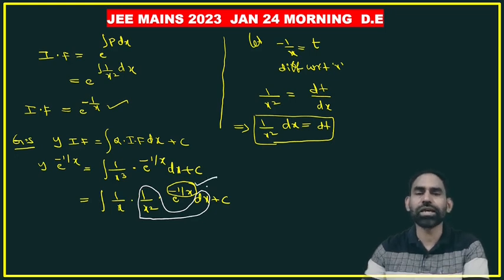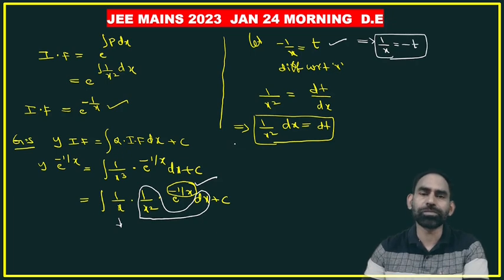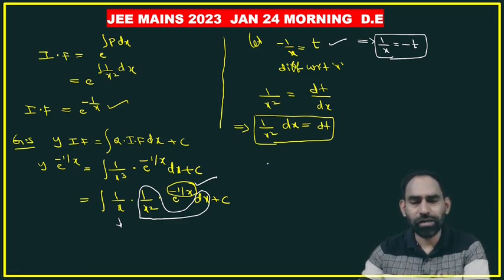Already we have taken −1/x as t, so 1/x = −t. In place of 1/x we can write −t. 1/x² dx becomes dt, and e^(−1/x), as we have taken, is e^t. Therefore the equation becomes y × e^(−1/x) = ∫ (−t) e^t dt, where 1/x is −t, 1/x² dx is dt, and e^(−1/x) is e^t. Now the minus sign goes outside the integral: −∫ t e^t dt.